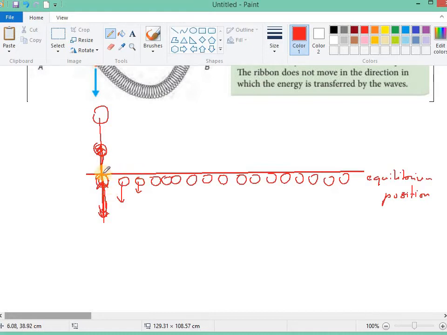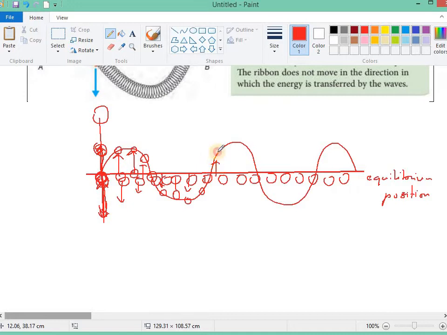This produces the shape of a wave on the surface of the water, where this water molecule goes up here, this one here, this one here, and so on. So it produces a shape like a wave.